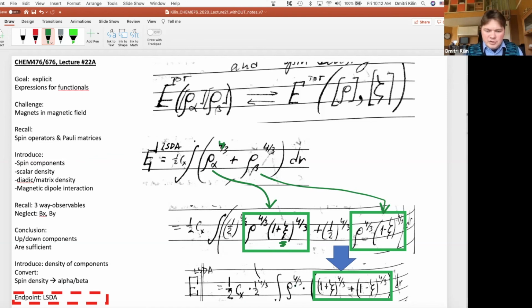It will be rho to the power 4/3 put out of the bracket, and then this combination of the spin polarization. So the simplest functional is LDA, the local density approximation. And if we do have spin, then it will be LSDA.